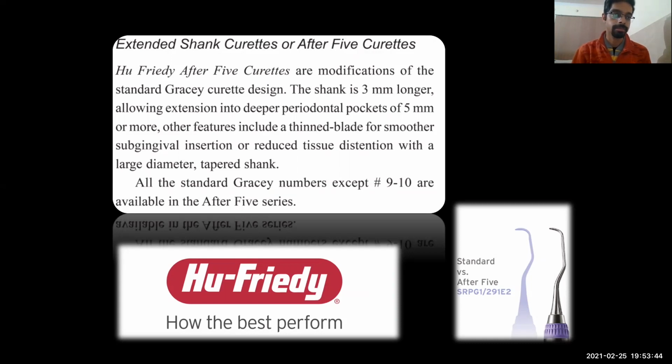So it is easy to go inside the pocket. All standard Gracey curette numbers are used, except 9 and 10. So basically all extended shank curettes are the same as the Gracey curette except the 9 and 10. The main difference is that it is 3 millimeters longer in the shank.